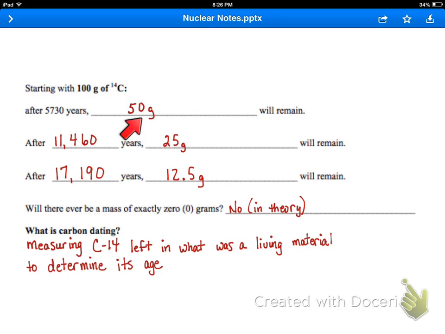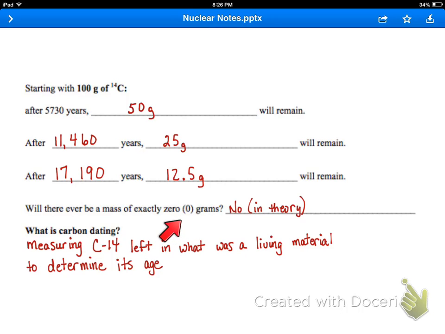And then if you waited around another 5,000 years, or 11,460 altogether, you'd have 25 grams left of your original sample. And then after another 5,000 years, 17,000 altogether, you'd have 12.5 grams, and then it would keep going and going and going. Every 5,000 years, it would be cut in half.